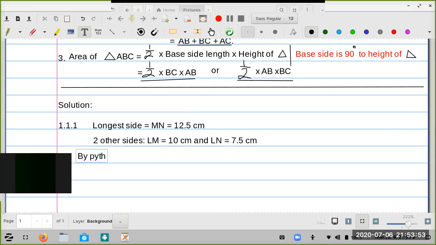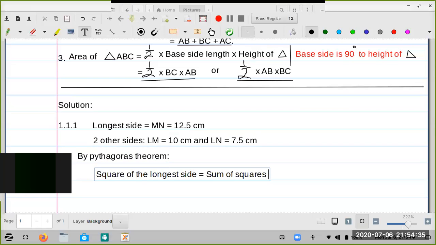By Pythagoras theorem, we are saying the square of the longest side is equal to the sum of squares of the other two perpendicular sides.